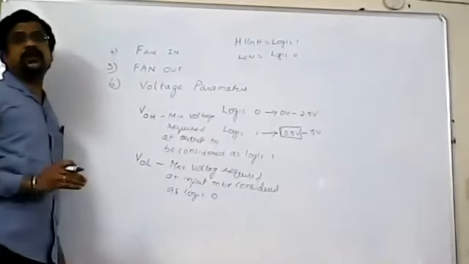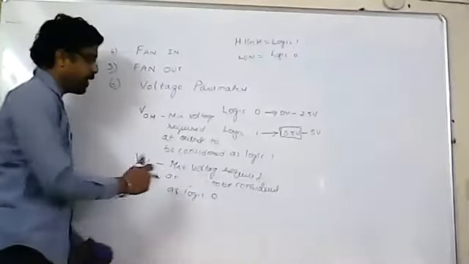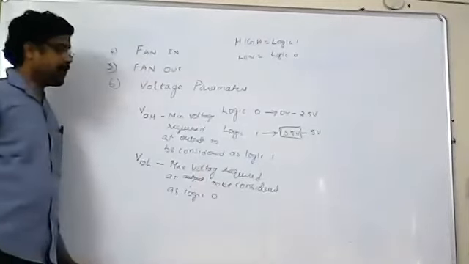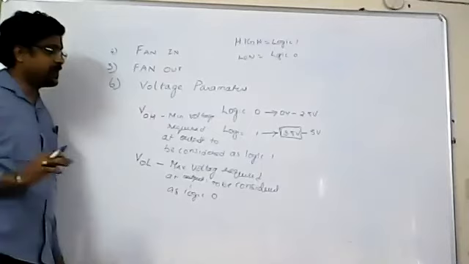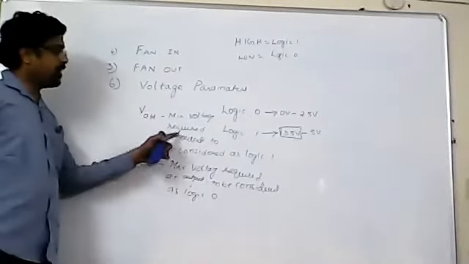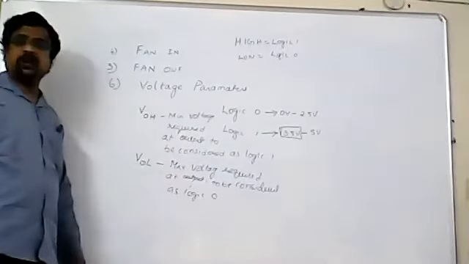Minimum voltage required at the output to be considered as logic 1. So here also VOL, maximum voltage required at the output to be considered as logic 0. The definition will be the same, only in the place of input it will become output.